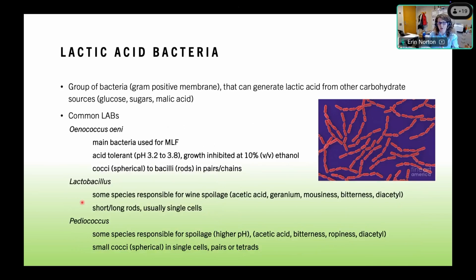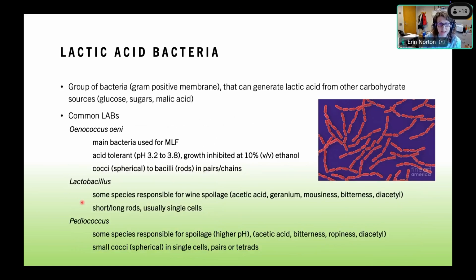So we're going to use a type of bacteria called lactic acid bacteria to do malolactic fermentation. Now, some of these bacteria are good, some of them are bad, but they're a group of bacteria. If you remember any of your biology, they have a gram-positive membrane, but I won't get into it, don't worry.